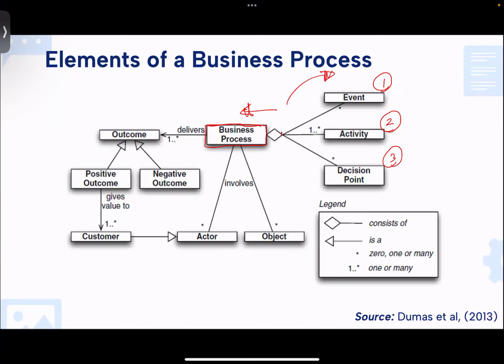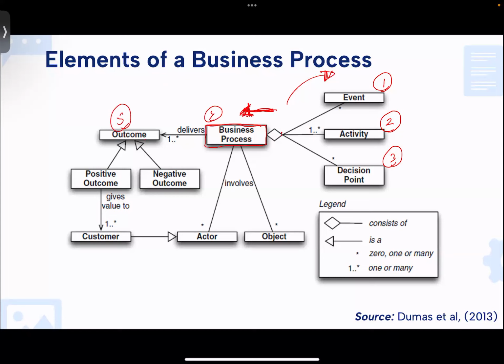Based on the equipment example we discussed, if we accept the equipment, we can input it into our process. Usually a process will deliver an outcome.